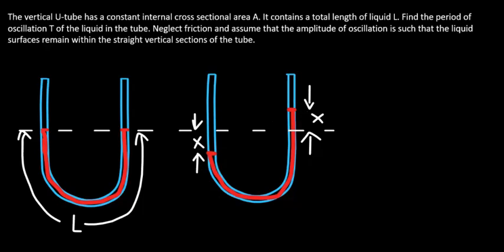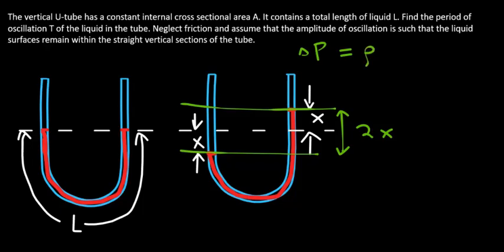The level on the left-hand arm of the tube goes down by distance x from the equilibrium position, and that means the liquid column on the right-hand side of that U-tube should rise by the same amount x as well. Now let's look at the pressure difference due to that liquid column. That length is 2x. So the pressure difference can be written as the density of the liquid times gravitational acceleration times 2x.